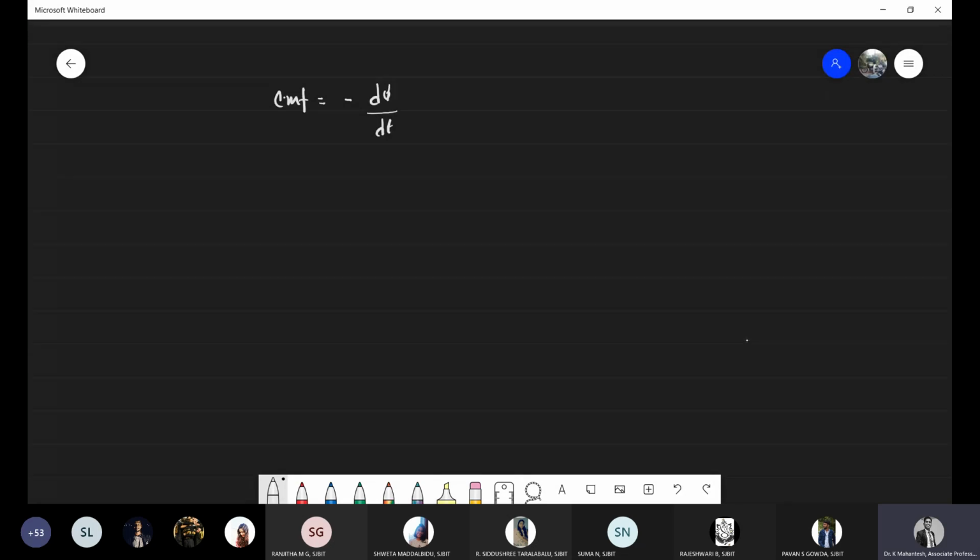But EMF induced, or the voltage, this is also called as voltage. The EMF is a scalar quantity, and EMF is given by E is equal to the line integral E into dl.